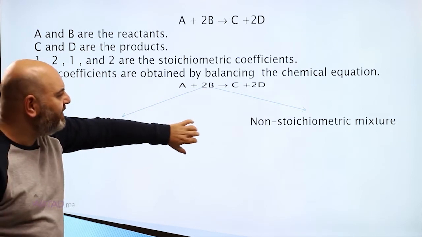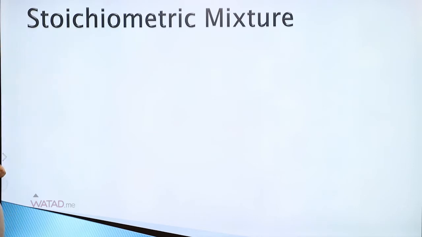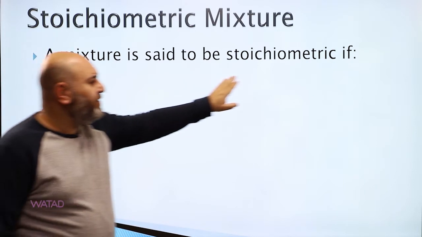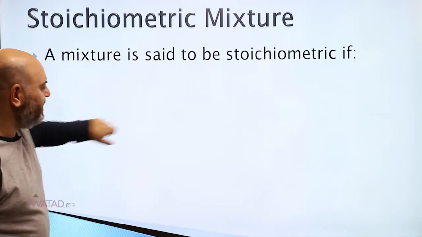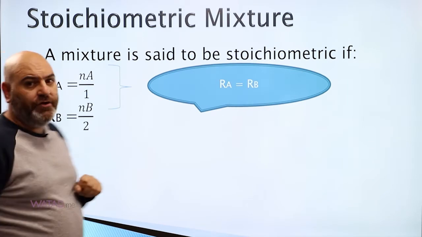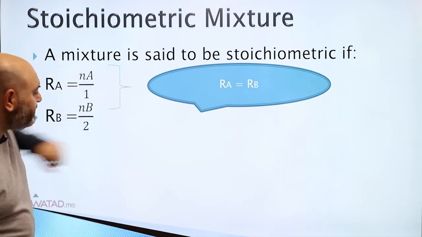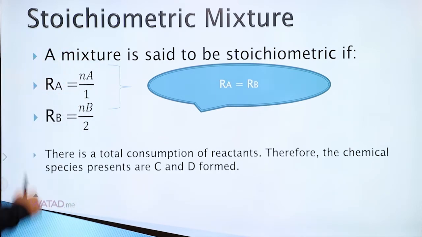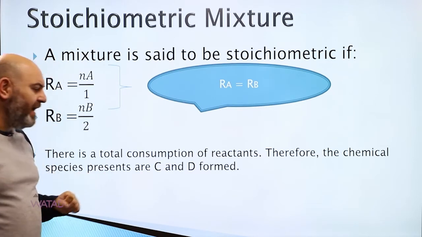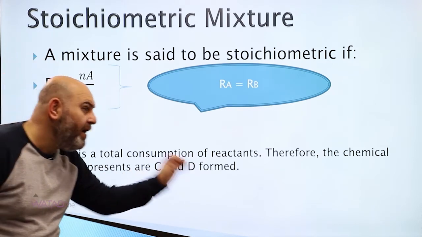I introduced what is the meaning of stoichiometric mixture, and as I said, a mixture is said to be stoichiometric. What are the steps in order to check if the mixture is stoichiometric or not? We find the ratios of A and B. What is the condition to have a stoichiometric mixture? The two ratios must be equal, and there will be a total consumption of reactants, which implies that the chemical species at the end of the reaction are C and D formed.